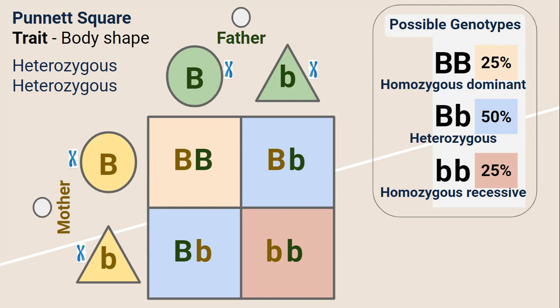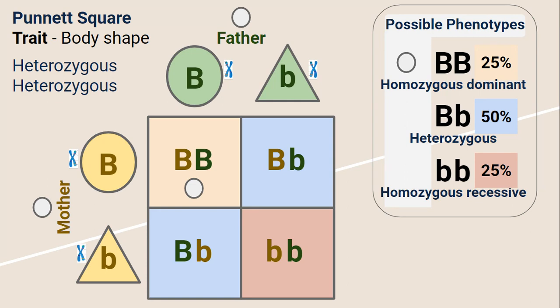These are the genotypes. Let's talk for just a moment about phenotypes. Phenotype is what the monster baby will look like. Will it have a round body or will it have a triangle body? In this case, there's a 25% chance of homozygous dominant, which will show the round body trait because it has at least one dominant allele.